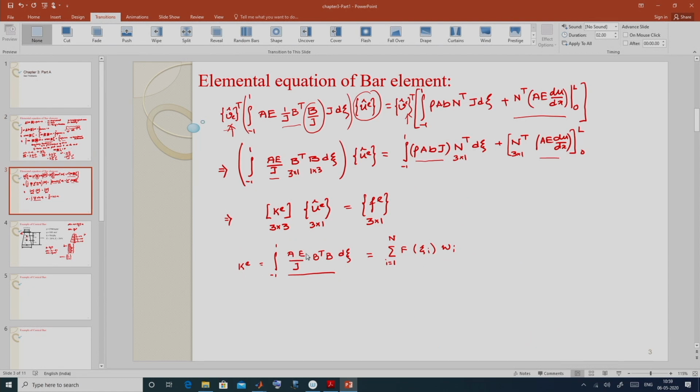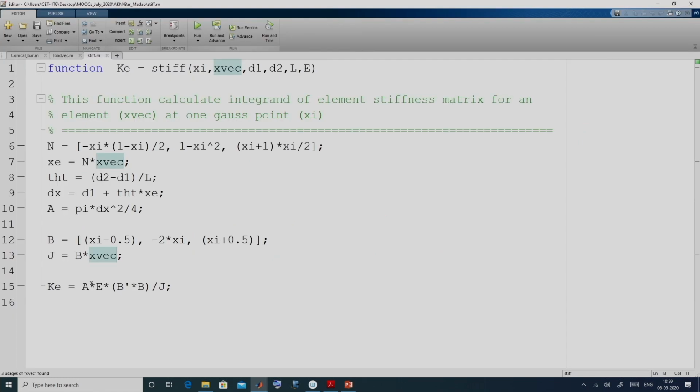After that, this integrand, that is Ae by J B transpose B, is calculated. So, this function returns the integrand of the element stiffness matrix expression at the Gauss point.